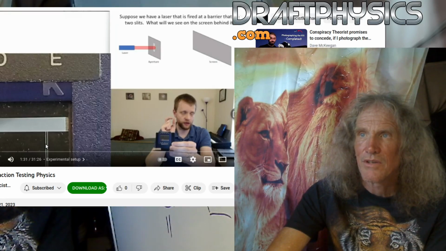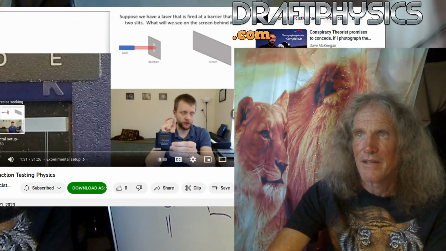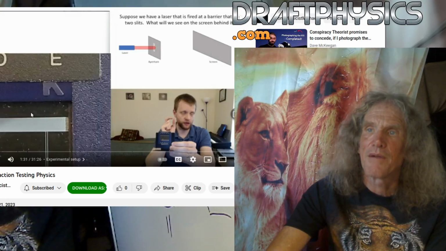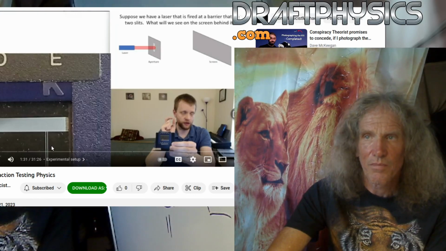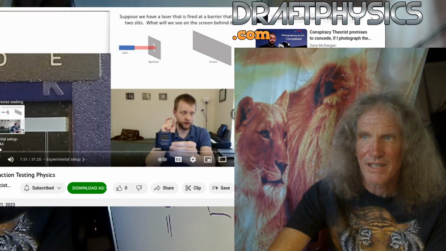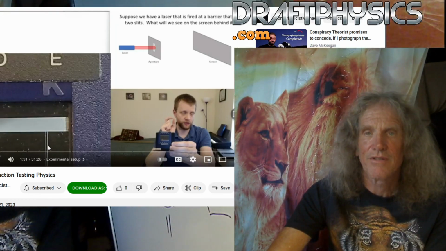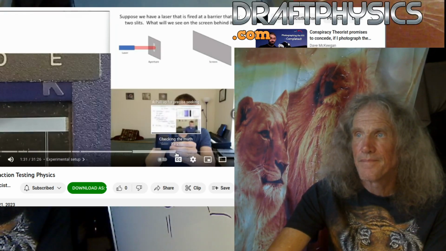Alright, so let's see if we have the picture of the card. Well, you couldn't see it when he holds it, so there's no way to see the numbers on the card to see if he's reading the right numbers. But I would argue that the numbers given are the actual numbers of the total width of the slit openings. The whole width is what the numbers he gave. The outside dimensions are the numbers he's using. Pretty sure.